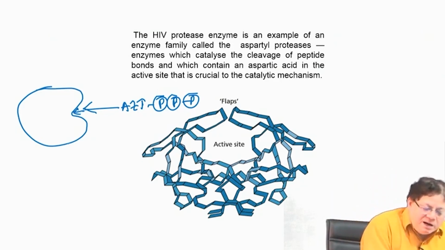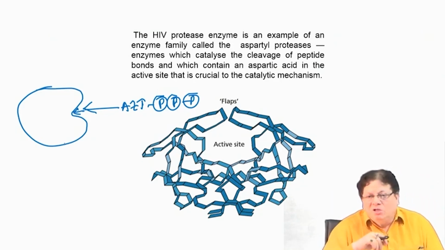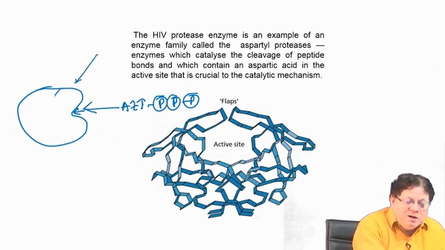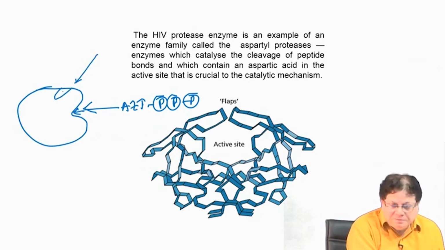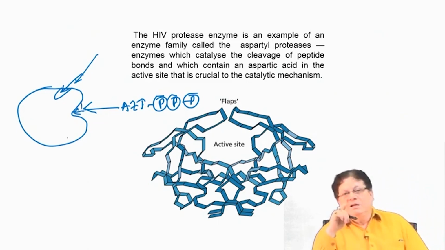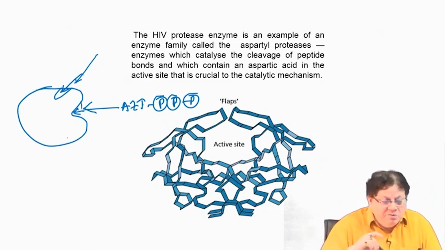Now, there is a process which is called allosteric inhibition. If you remember, I told you allosteric inhibition is basically that the inhibitor binds to a different site, but when it binds, this site is closed, the normal site. That is what is called allosteric inhibition.